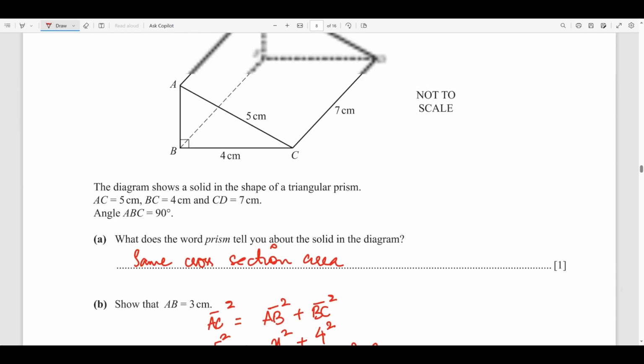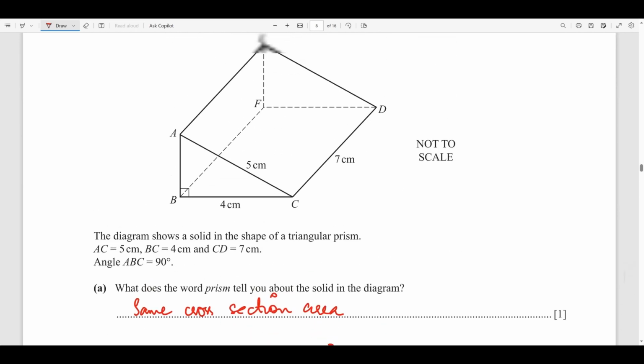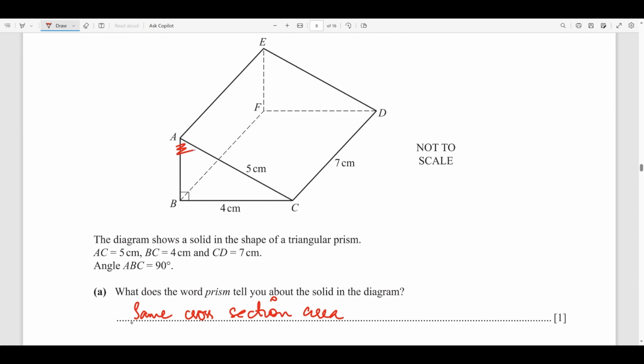Calculate the volume of the prism, give the units of your answer. Okay, so volume is base area times height, and the base is this cross section, right? Height is not the height of the triangle but the height of the prism. So base area is the area of the triangle ABC, which is half into base into height. Base is 4 and height we just calculated to be 3.